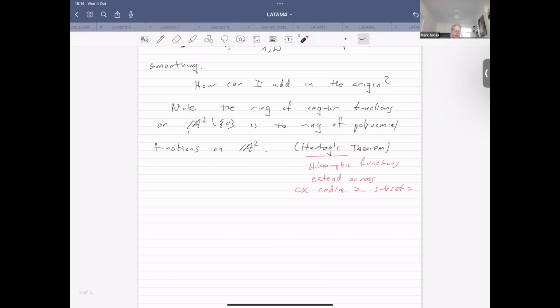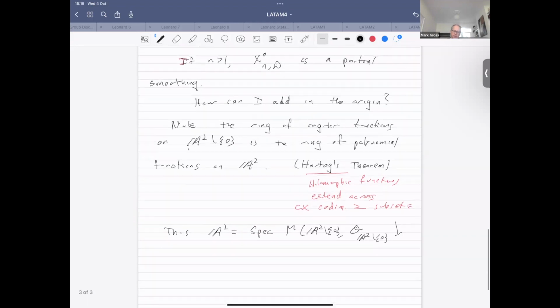So this suggests one way to write this: A2 is just the Spec of the space of global functions on A2 minus 0 of the structure sheaf of A2 minus 0. That's just a way of adding a point in. The point is high codimension, so regular functions don't really see the fact that it's missing.